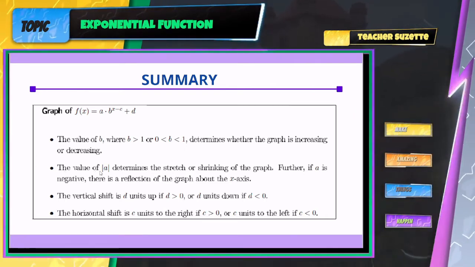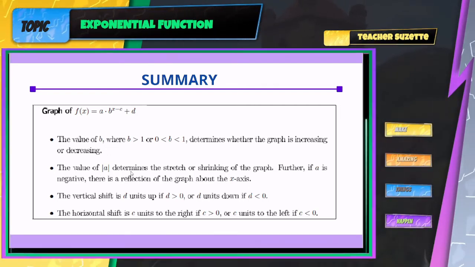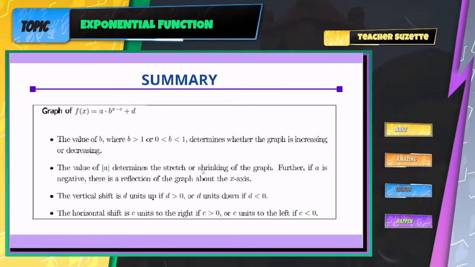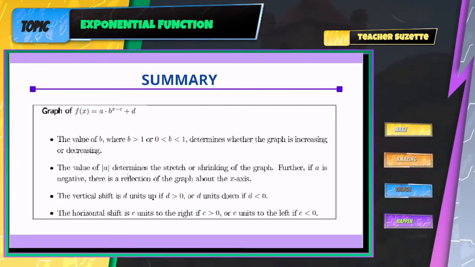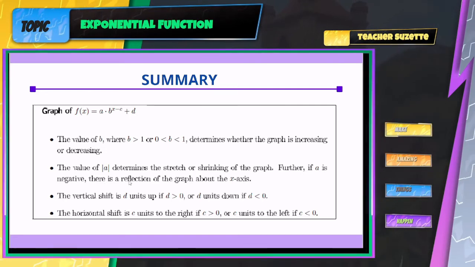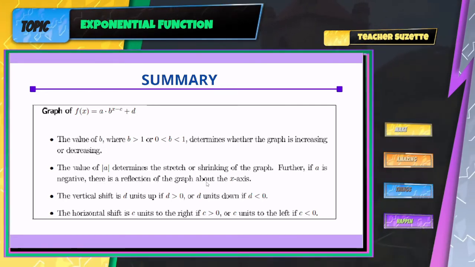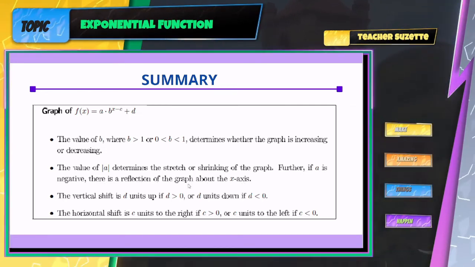And the value of a, absolute value of a, determines the stretching or shrinking of the graph. Further, if a is negative, there is a reflection of the graph about the x-axis.